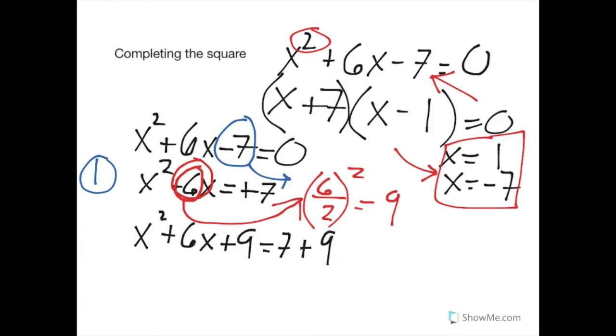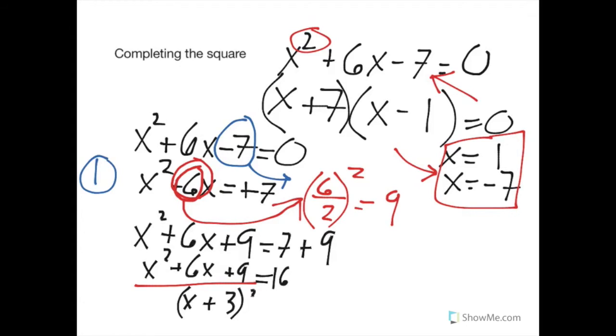All right, now that you've added that to both sides, simplify over here. So you have 16 is equal to x squared plus 6x plus 9. Now that you have that, we can easily factor the left side of the equation. So we know that the left side is going to be x plus 3 squared. You guys got it. That's the easy part.